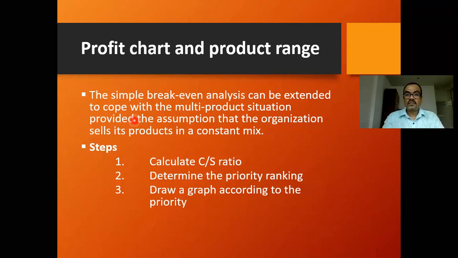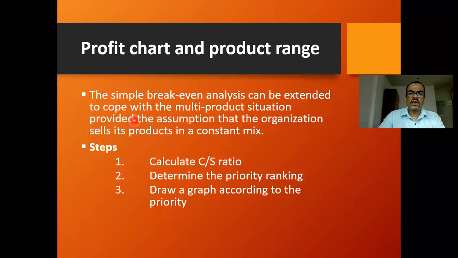In this case, it is much easier to calculate the average contribution per unit, disregarding the product mix in the sense that you take the product mix into account, take the total contribution, divide it by the number of units in the mix, and calculate the average contribution per product. If you have it, it is much easier to draw a profit chart for multi-product, rather than making lots of confusion.